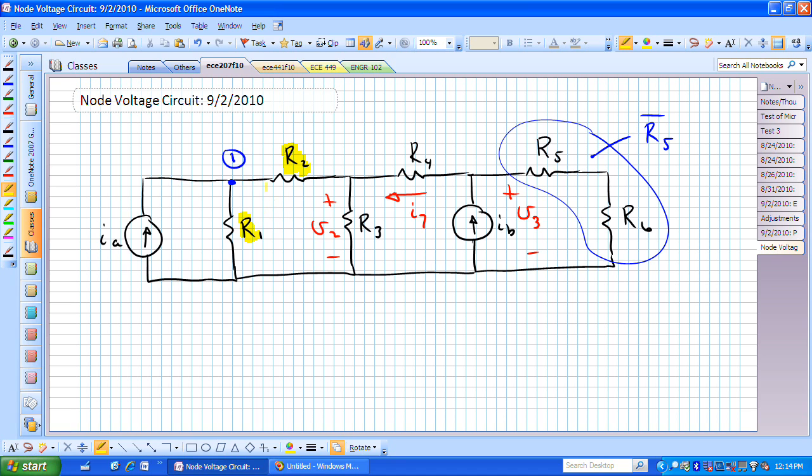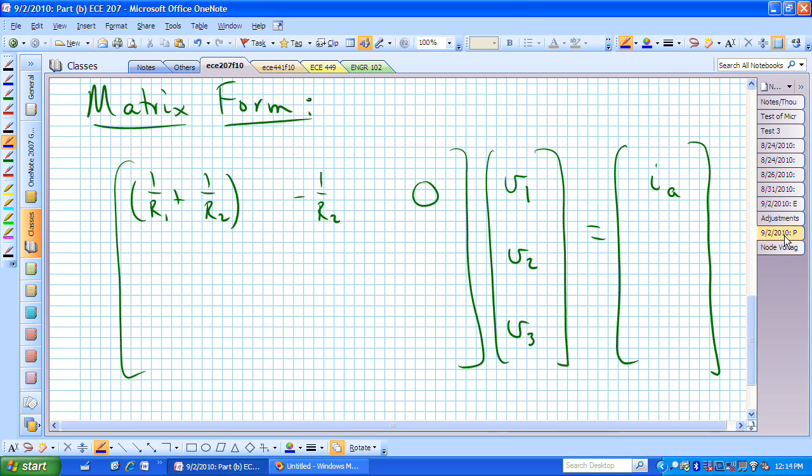Because of that and the way that we're writing node voltage equations, we now know that if we look at the matrix structure, we have 1 over R1 plus 1 over R2. R2 was shared between node 1 and node 2, or v sub 1 and v sub 2.